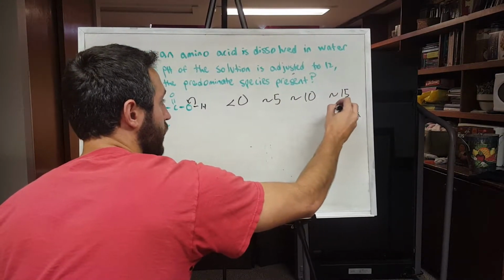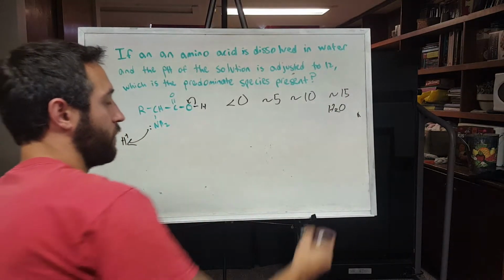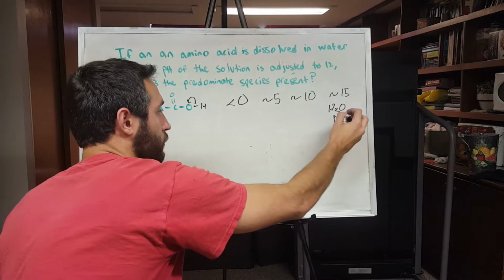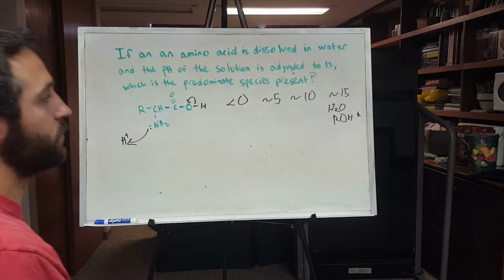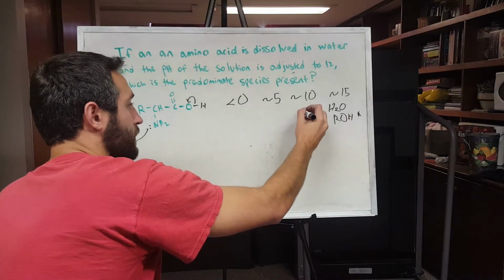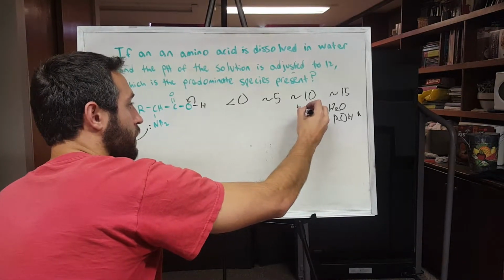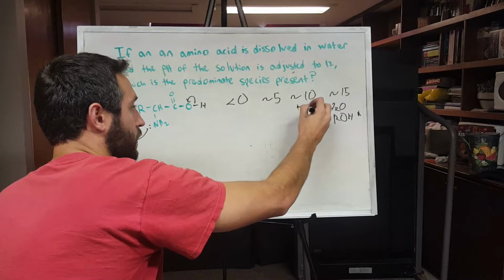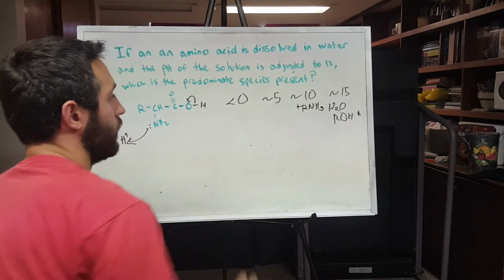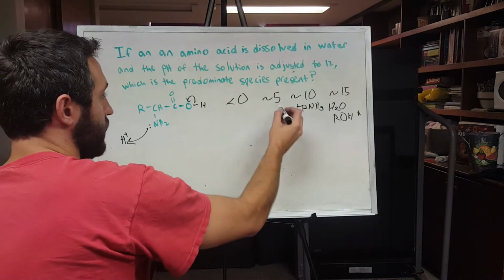So this is water. And water, if we just replace one of the H's with an R group, it's an alcohol. So both of those have approximately 15 pKa. Approximately 10 is a protonated amine, so let's say RNH3 plus would be approximately 10.